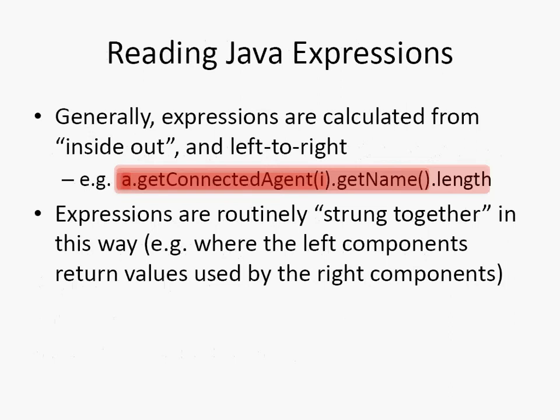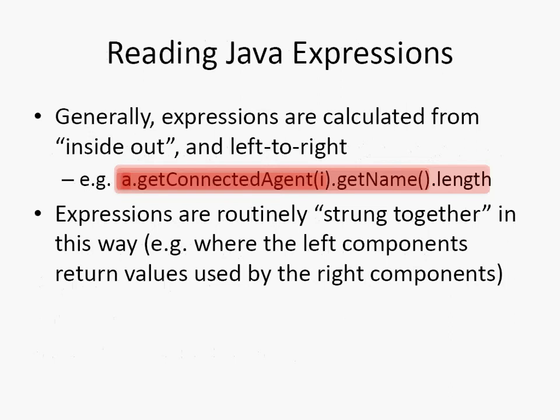Sometimes you'll see things like this. Whoa! What the heck does that mean? Well, the way to look at it is, okay, this is the first thing that gives the value. Then it asks A, get me your connected agent, get me who you're connected to, for person number I, where I starts at 0.